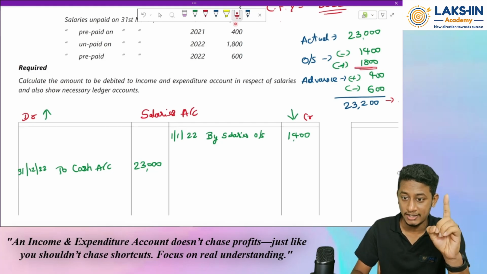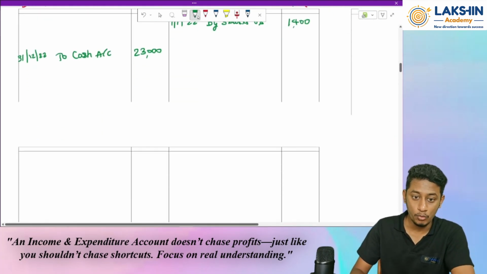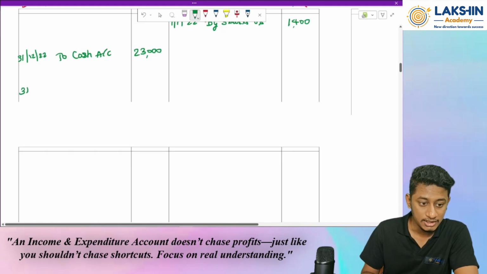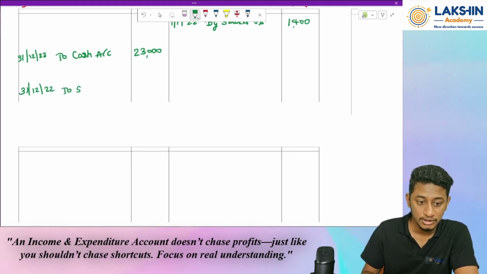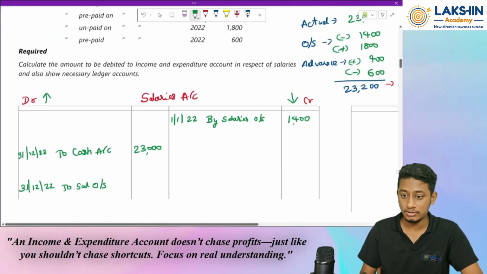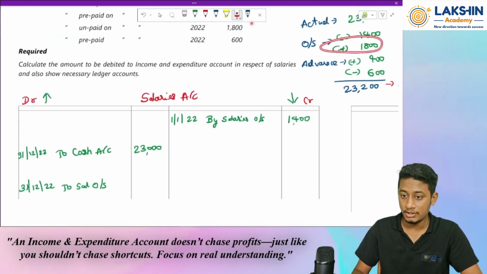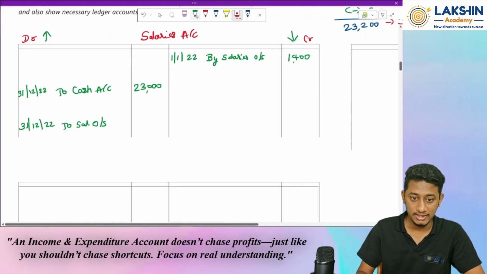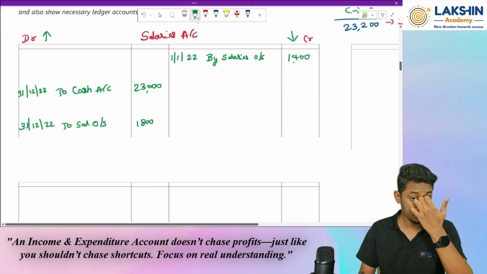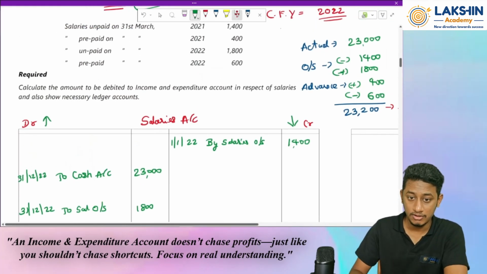So to add this, on 31, 12, 22, to salary outstanding. How much is the amount? Rupees 1,800. Clear? Okay.